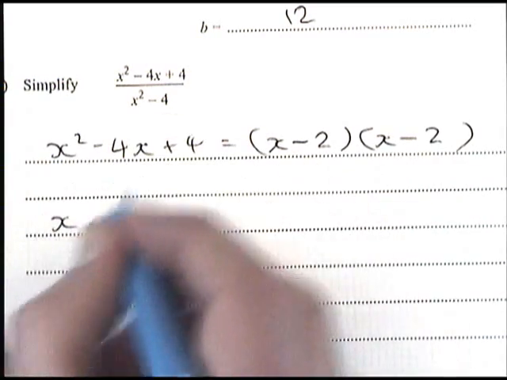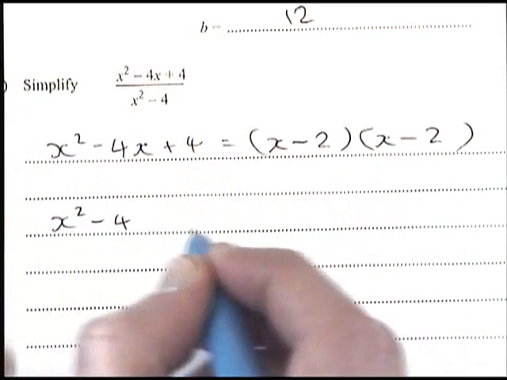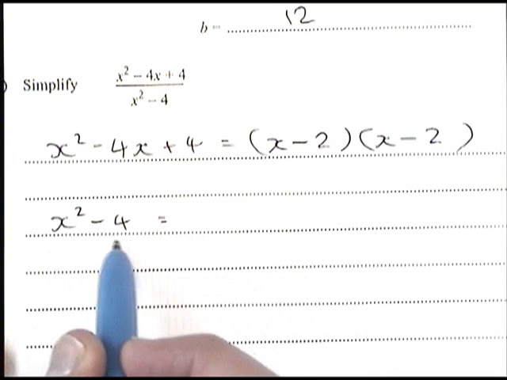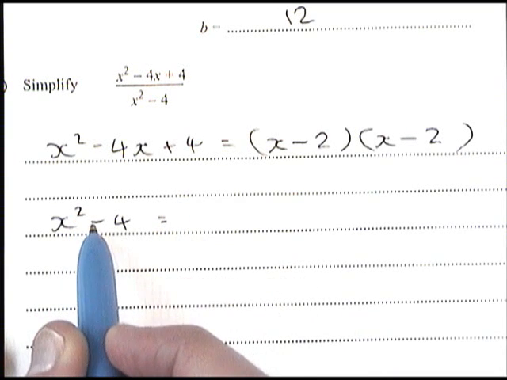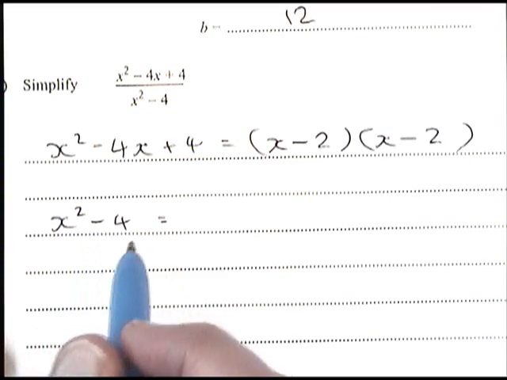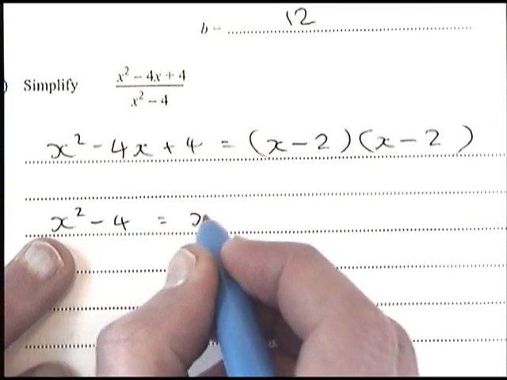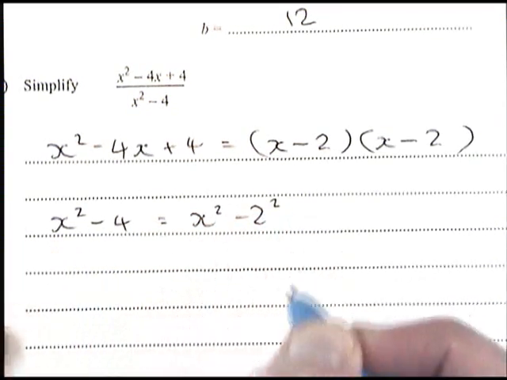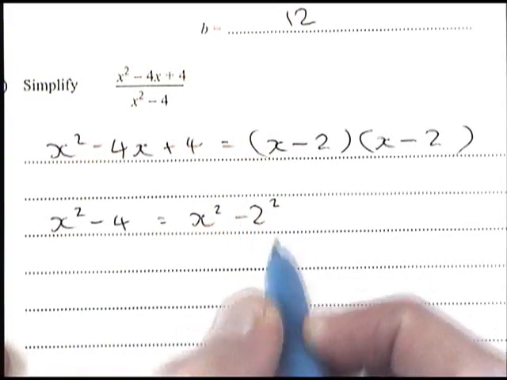Now let's work on the next line, the denominator, the bottom line of the fraction. If you've got two things, one of them squared and there's a take away, you ought to think of the difference of two squares. This is the same as x squared take away 2 squared. Something squared take away something squared.